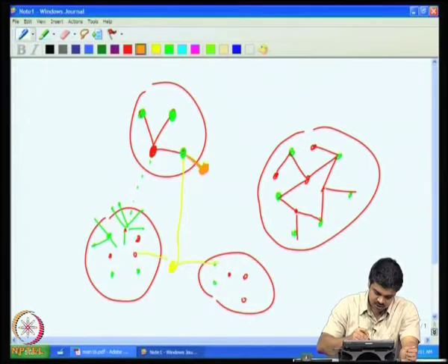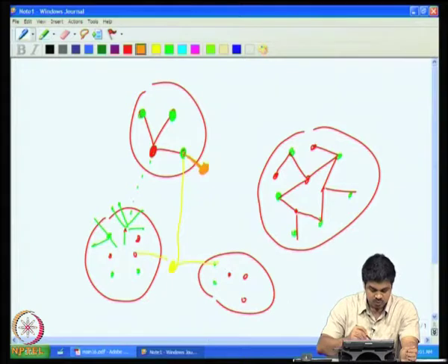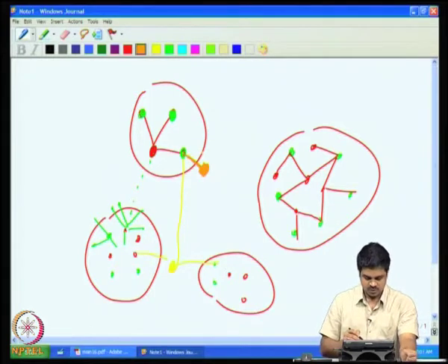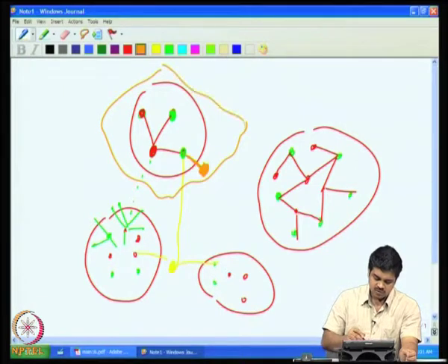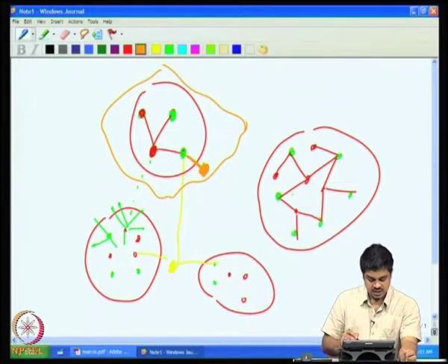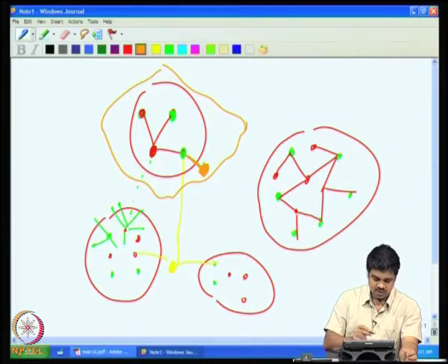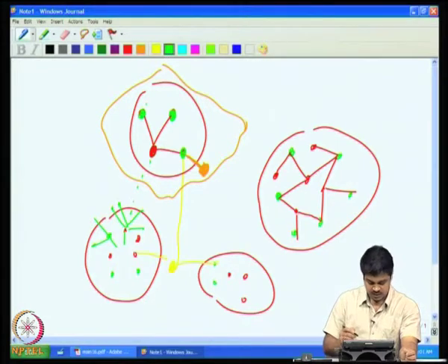But it does not matter to it, because its color is brown, neither red nor green, so whether it sees red or green in its neighborhood is unimportant to it. So this change will not affect that also. Therefore, within the connected components of red and green, we can interchange red and green with each other. This was what we made use of in the last proof, in the vertex coloring.